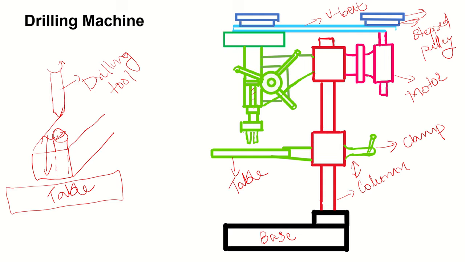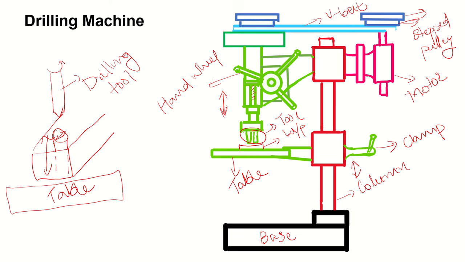And this is the table, and above the table there will be the workpiece. This is the workpiece, and this is the tool. And this hand wheel is basically used to raise the tool in an upward or downward direction. That is the purpose of the hand wheel.